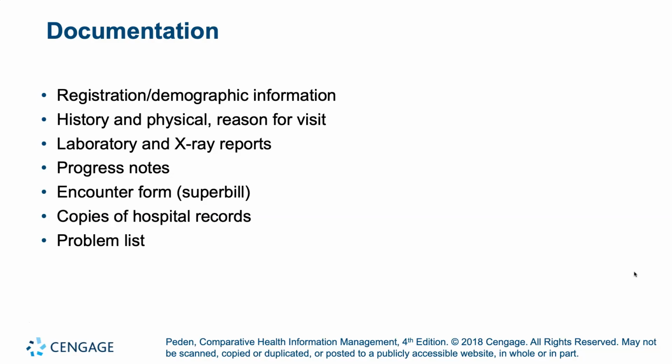They often keep copies of hospital records in their records so that they have that as reference or referral, so that they know what happened if the patient was recently hospitalized. And then they typically keep an ongoing running problem list of the patient. When did the problem start? When did it end? Is it ongoing? Those types of things.